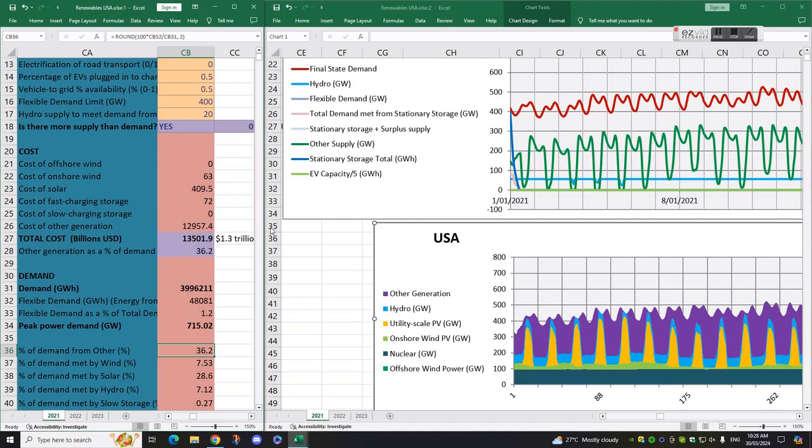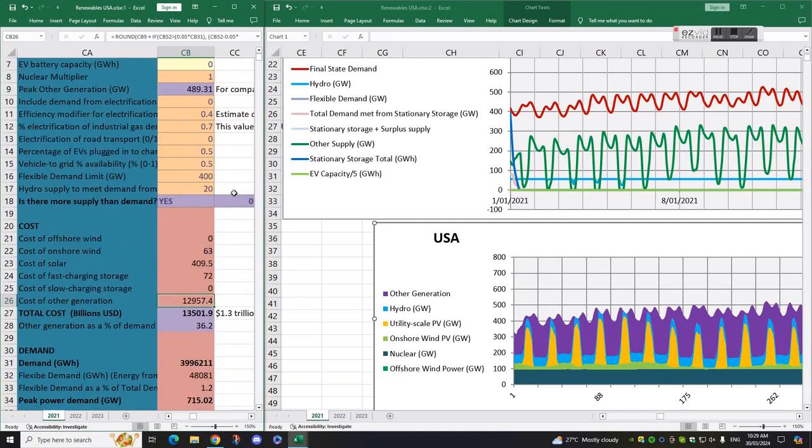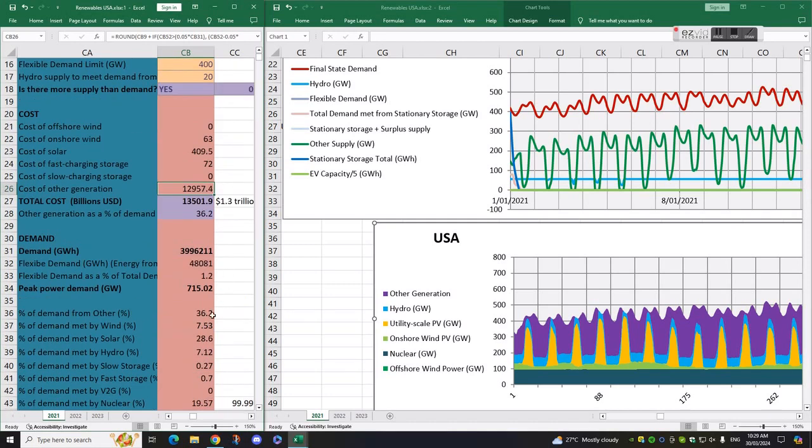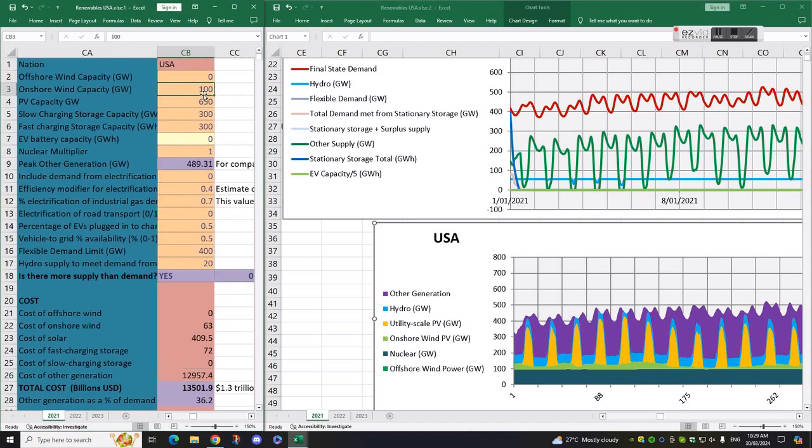It just increased massively by a factor of 10. That's because the other generation is now supplying more than 5% of total demand. So I'm saying that once you get above 5%, it starts becoming increasingly expensive very quickly. That wouldn't be really true in reality, but I'm just doing that to emphasize the fact that we want to reduce the other generation as much as possible by having it look really expensive on the grid. Okay, so I'll go back to 1,000 gigawatts of wind.